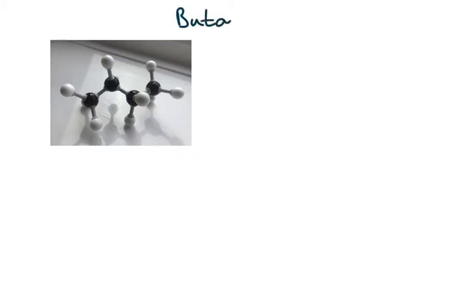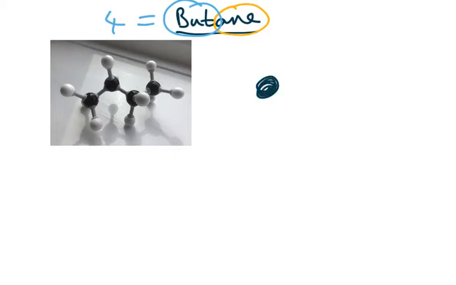Okay, so butane, and again we notice that -ane, and again we've got our prefix, and but is always going to mean 4. Okay, so when we're looking at butane, again I can squash this down. You can see it's ended up as rather a wiggly molecule.